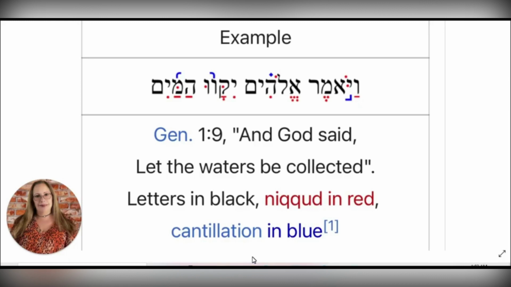So, getting into the history, the Tiberian Masoretes developed the vowel points, call them accent marks or cantillation marks, to be used for the biblical texts, referred to as the nikud.